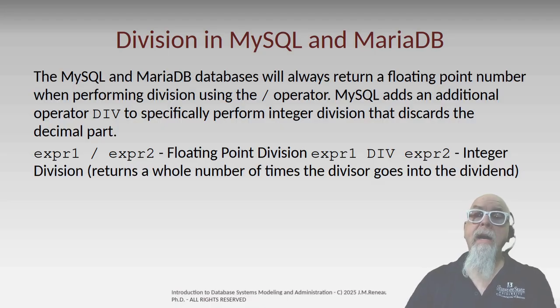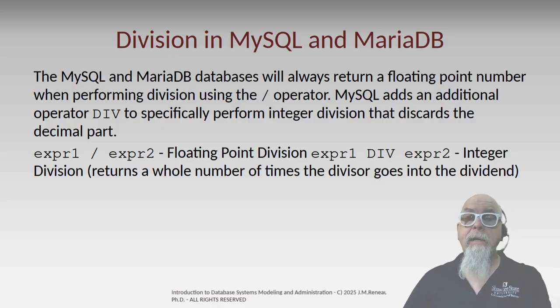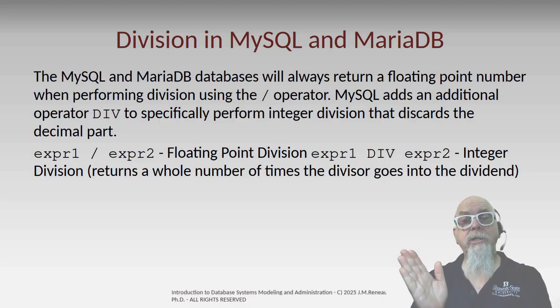When we're using a MySQL or MariaDB database, division using the slash operator will always return a decimal number. So if we divide one integer by another, it will still always return a floating point expression. So 2 divided by 4 is going to return 0.5.